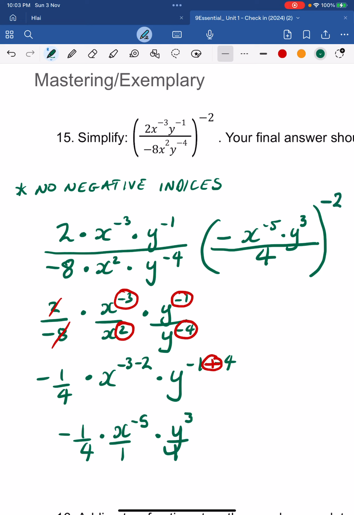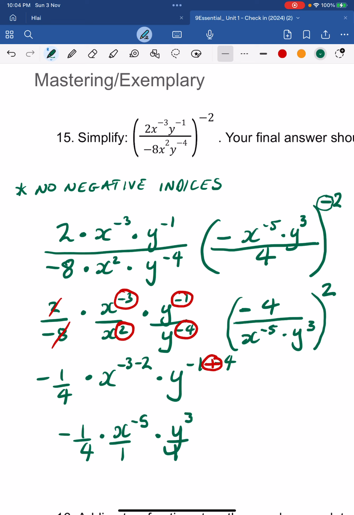Okay, -2 here. So we are going to deal with the negative piece first. The negative piece means we're going to flip the answers here. All right. The negative will stay where it is. And now this is to the power of 2.